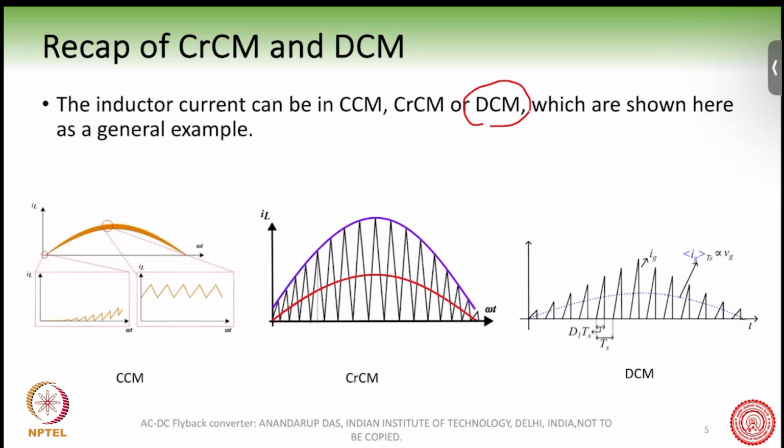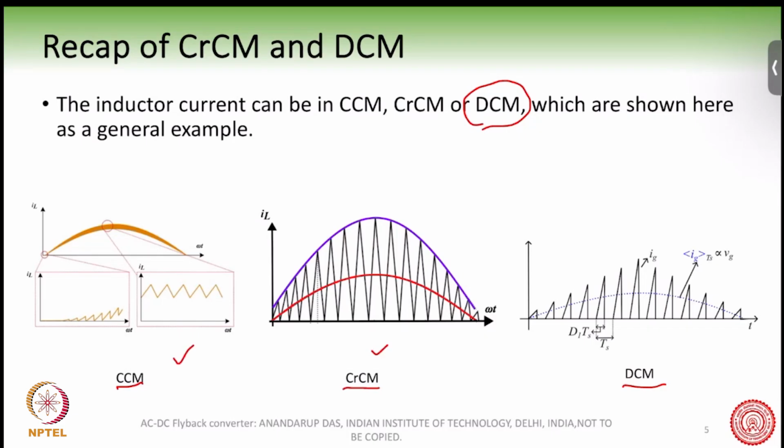Just to recall what discontinuous current mode of conduction is, we have shown you here the inductor currents in CCM, CRCM and DCM. Some of these waveforms you had seen from the boost PFC.